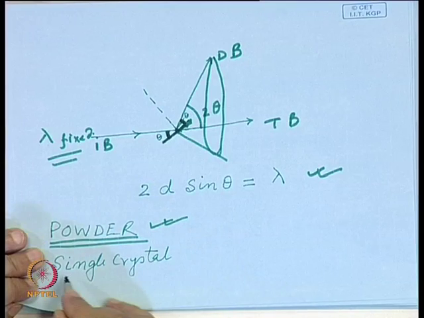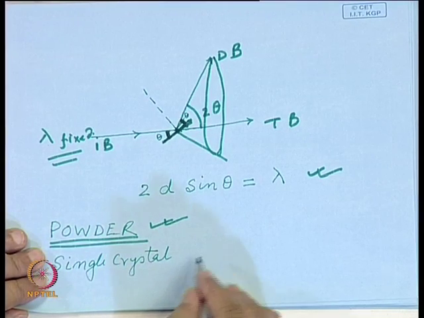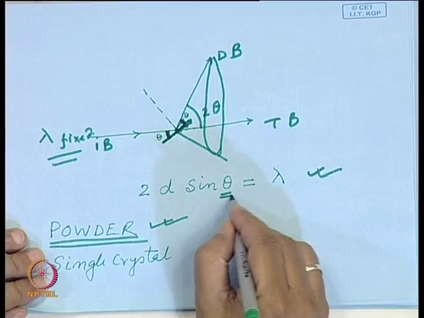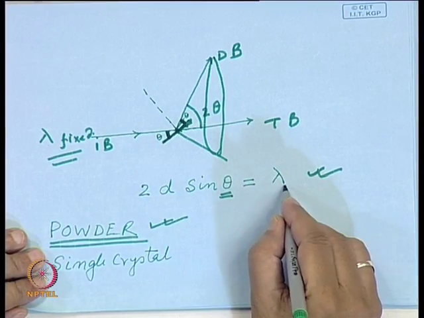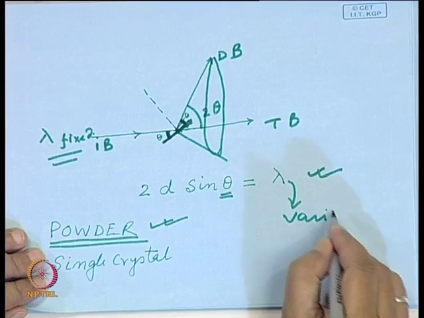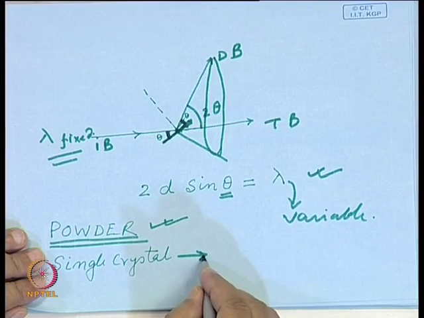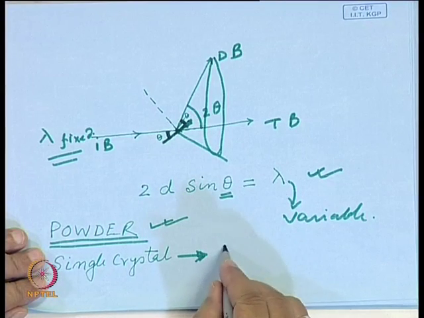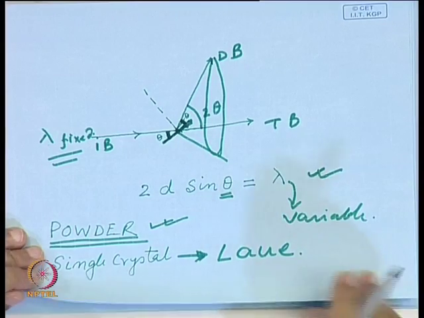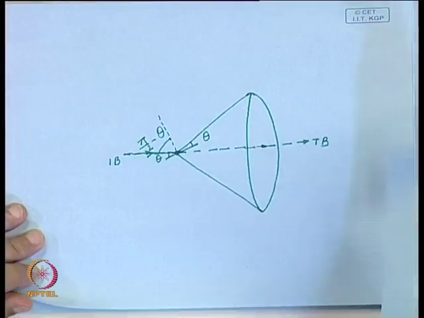It is also possible to record the diffraction pattern of a single crystal, but in that case, since lambda is fixed, to satisfy this condition theta must vary. That type of diffraction technique is called the Laue technique, and the nature of the diffraction pattern will be totally different.